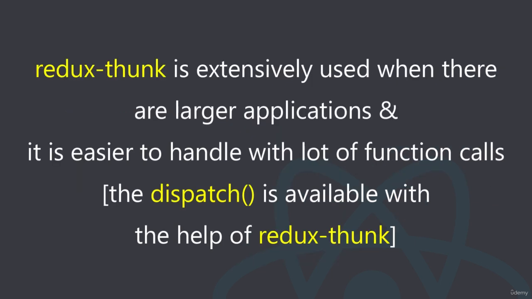But Redux Thunk is extensively used when there are larger applications, and it is easier to handle with a lot of function calls. The dispatch object is available with the help of Redux Thunk. So rather than discussing other syntaxes, I prefer to show you the Redux Thunk.